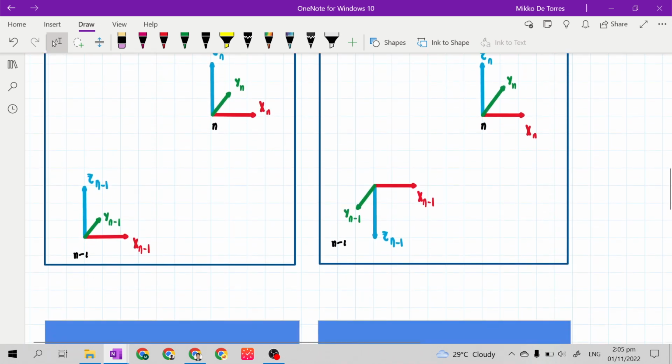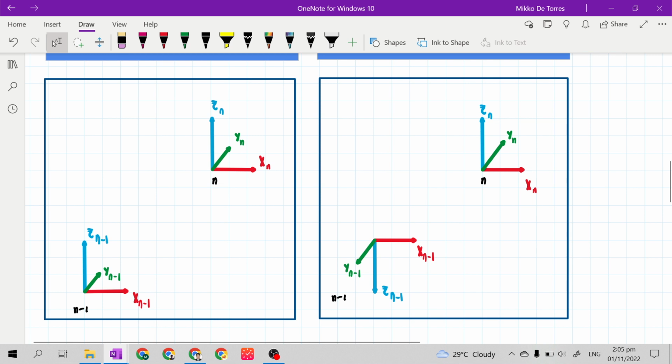So for example, we have here two frames: the frame n and frame n minus 1. So n means an integer that starts with 1. Okay. So if n is equal to 1, then n minus 1 is equal to 0.